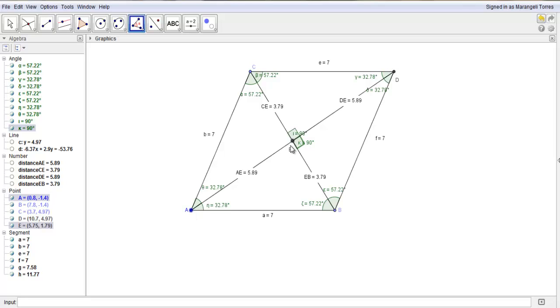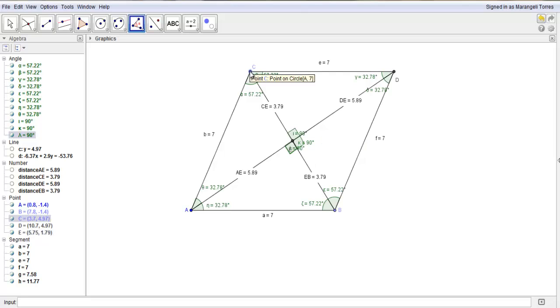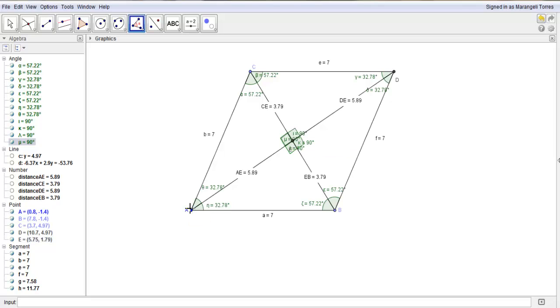A, E, B, 90 degrees, and C, E, A, 90 degrees. Be careful when you're measuring. If you do not do it in a clockwise rotation, it will measure the outside angles.